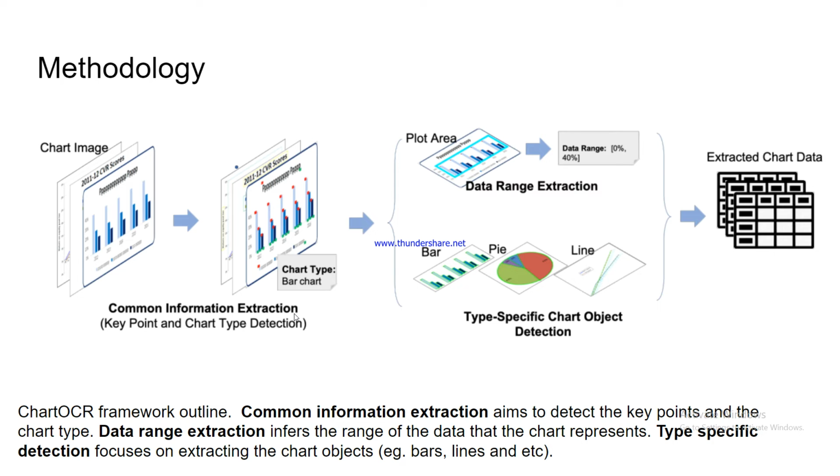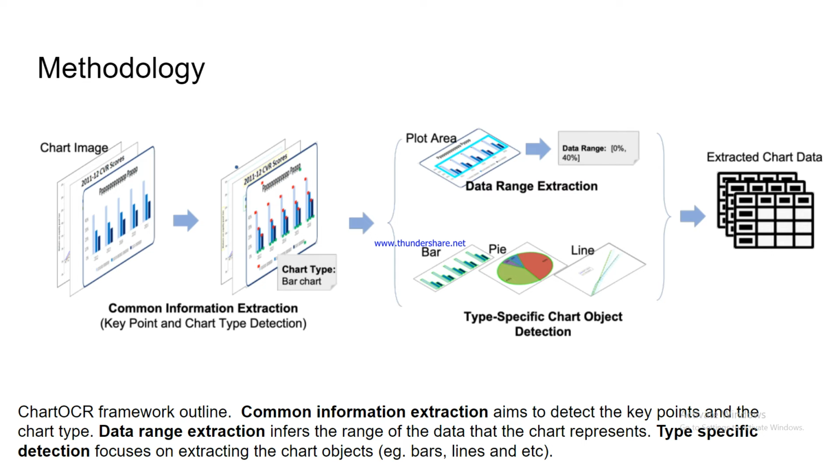So what is a key point? The key point method outputs the semantically important keys of the target component. Instead of generating the bounding box directly, for a bar chart the key points are the top left and bottom right corners of each separate bar.